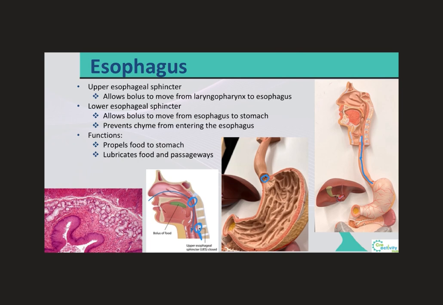So the lower esophageal sphincter relaxes to allow the food to pass into the stomach, and then contracts to prevent the stomach acids from backing up into the esophagus.